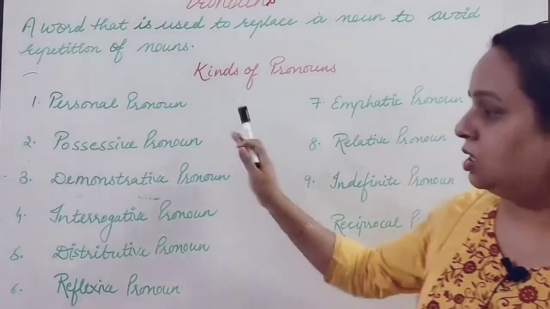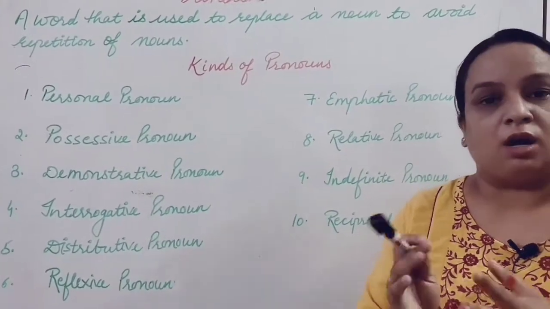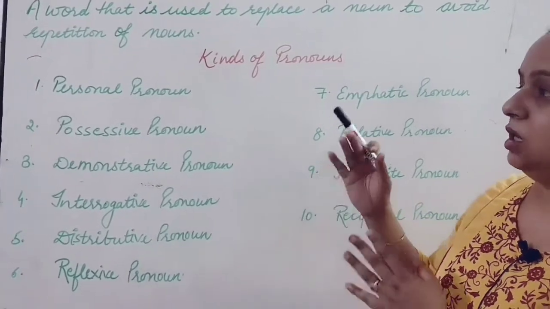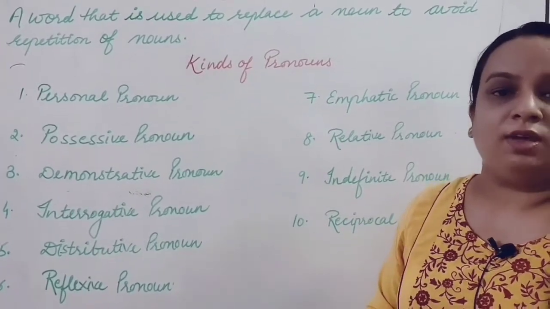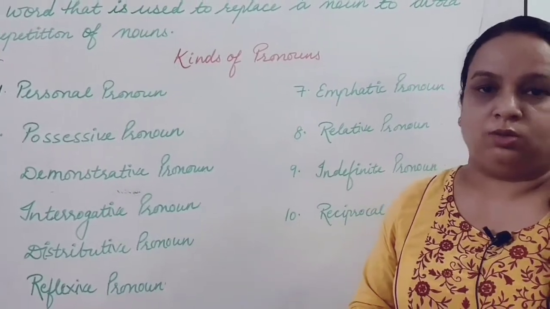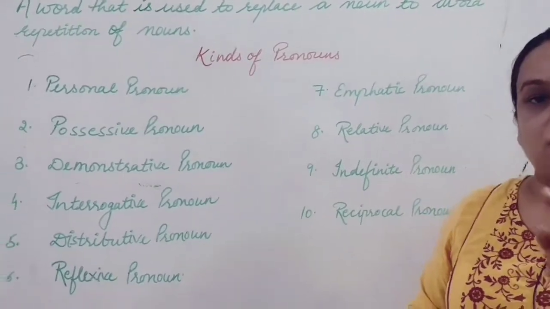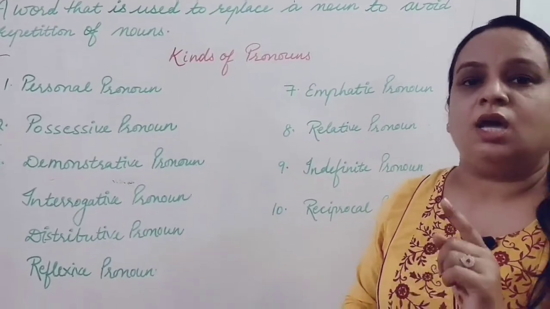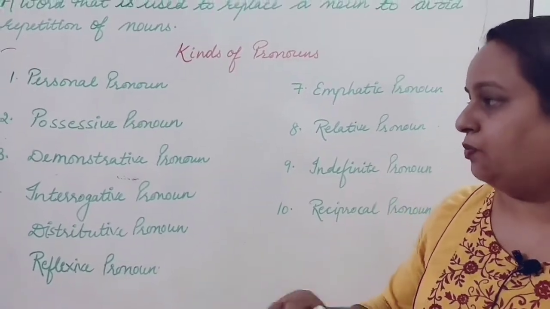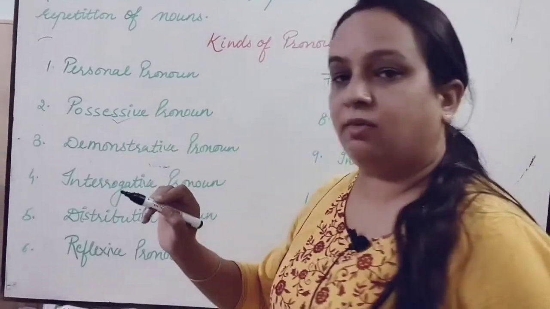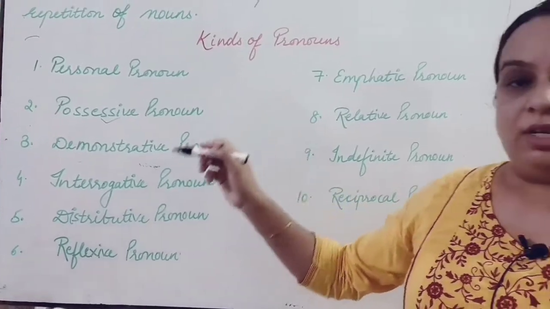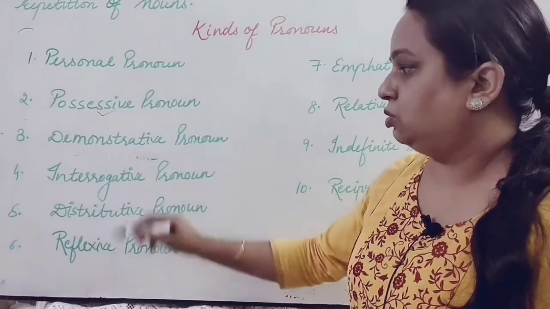So students, some of these names you must have heard in the last videos when we did adjectives too. The same names you heard in the adjectives videos. Possessive we have done, because we have possessive adjectives and possessive pronouns too.